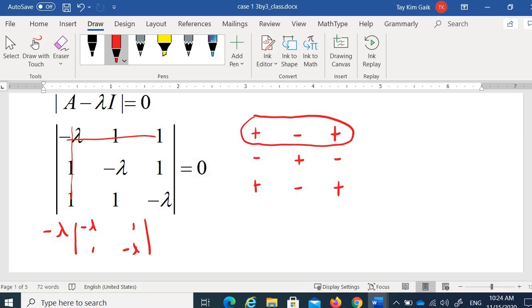Next, the second value in the first row, second column, is negative, so you cross it out and are left with 1, 1, 1, negative lambda, with a minus sign. Then the third value is positive, so plus 1.